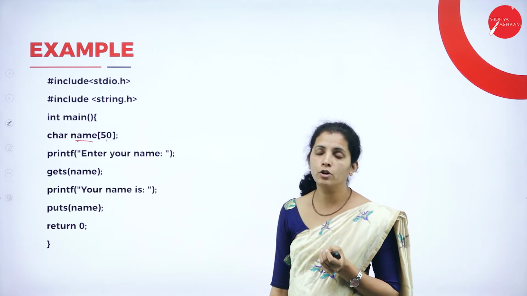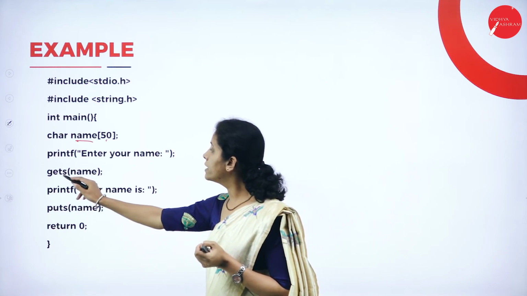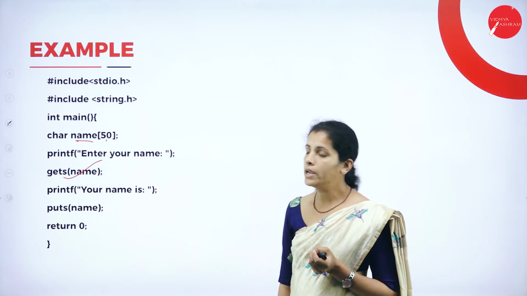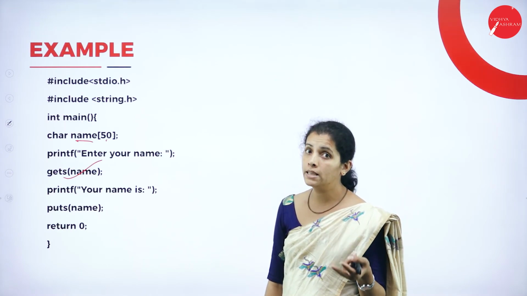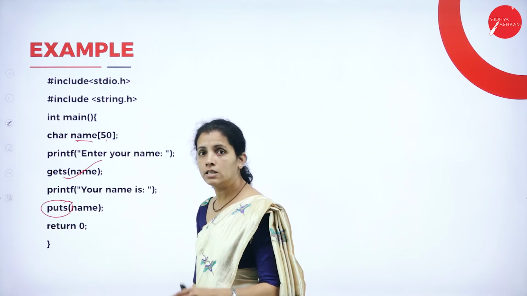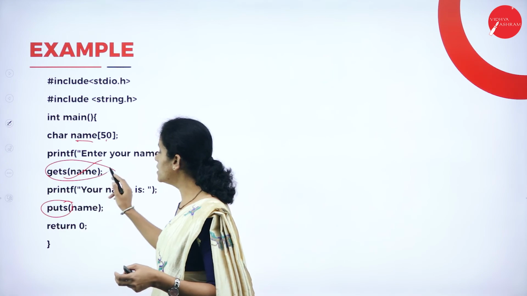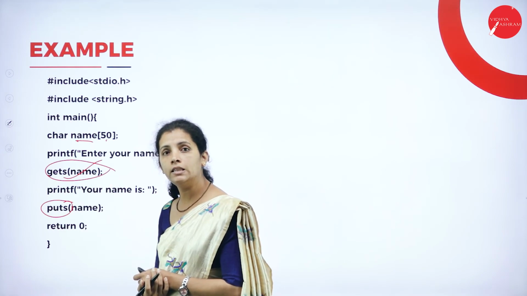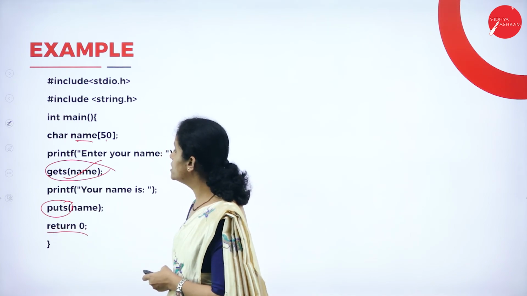So 50 memory locations are reserved for this name, and I'm going to read the name. After reading the name, I want to display the name. For that, I'm going to use puts to display the read string, and the gets function is used to read the string.